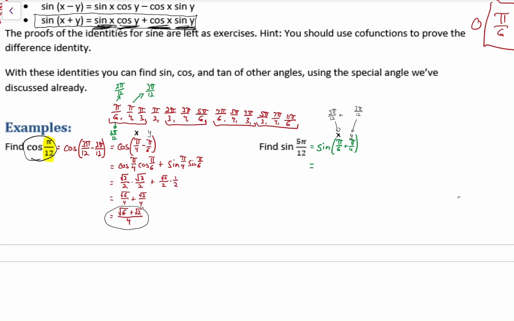So this is sine of x, which is pi over 6, cosine of y, which is pi over 4. And we have a plus sign in between those two terms, and then we have cosine of x, so cosine of pi over 6 times sine of y, which is sine of pi over 4.